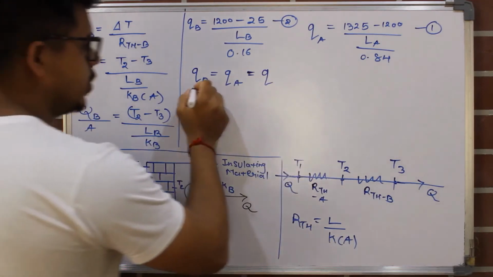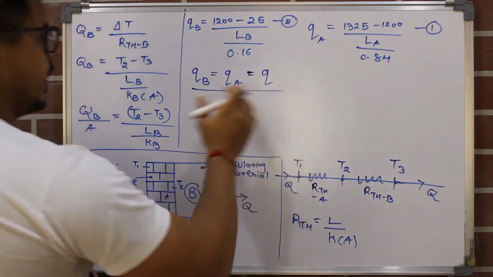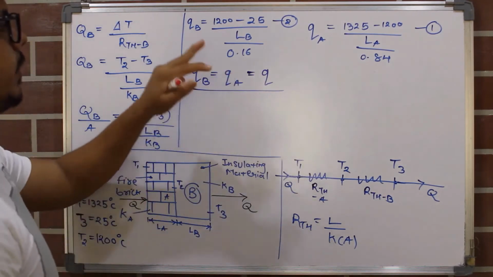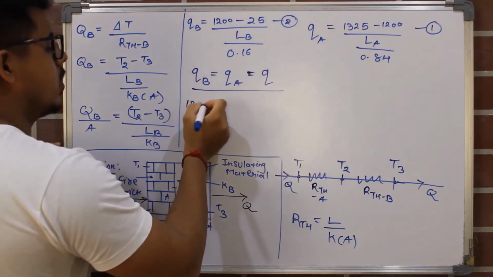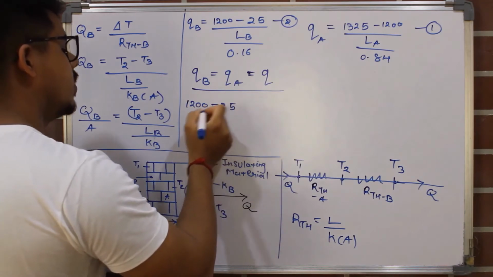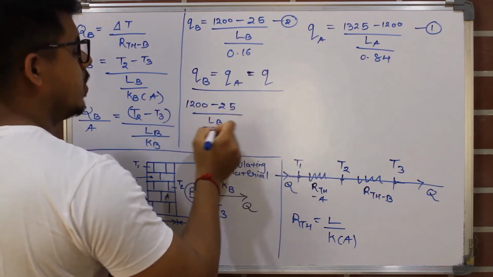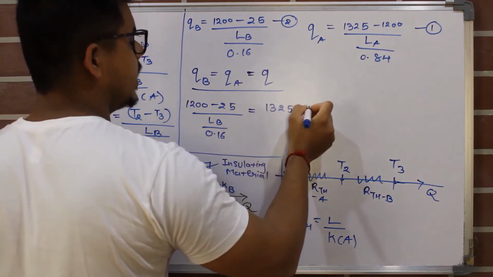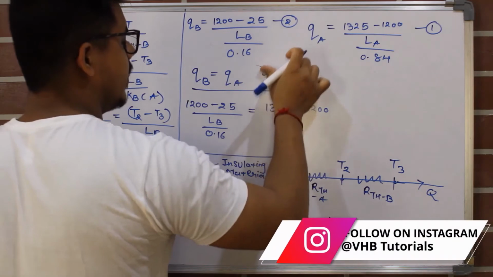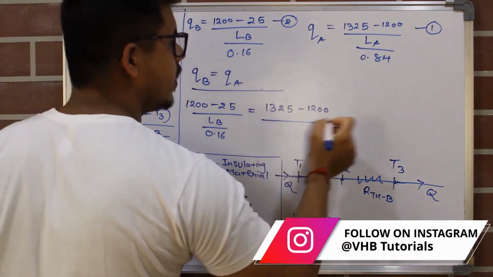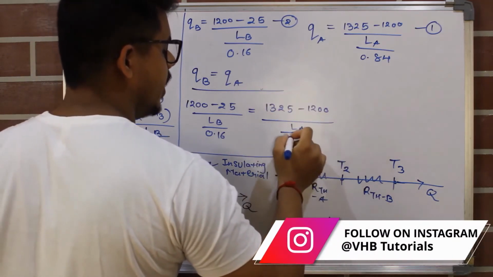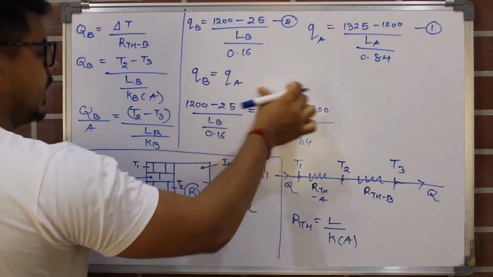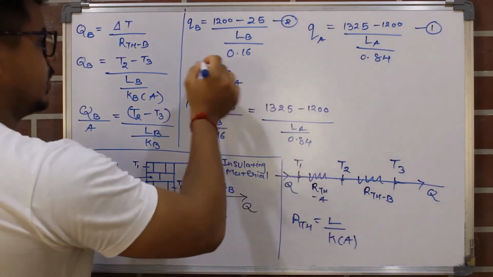Now we will substitute according to these equations. So what is qB? It is 1200 minus 25 divided by LB by 0.16, is equal to 1325 minus 1200 divided by LA by 0.84. I had dropped the q because we don't require it here for our solution.